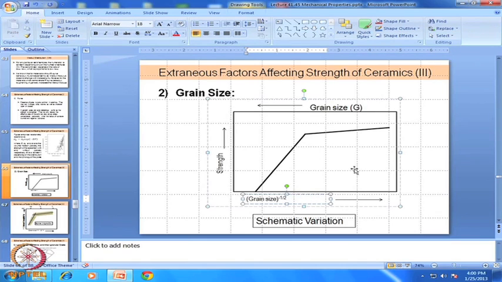If you plot root grain size, the grain size increases in this direction, and the strength decreases. So, the finer is the grain size, the higher is the strength. That is the normal thing.